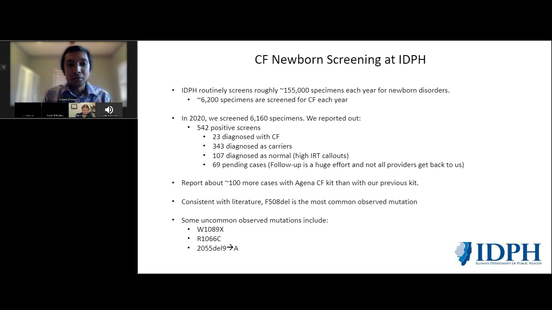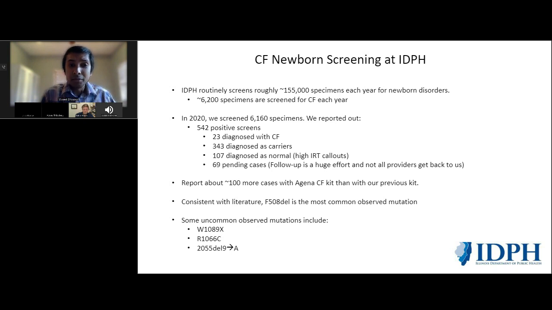And this goes into the fact that follow-up with each one of these cases is a huge effort unto itself. Not all providers always get back to us with the diagnostic information of each case. Our follow-up team here in Illinois does a fantastic job, following up with all disorders that we call out positive for.